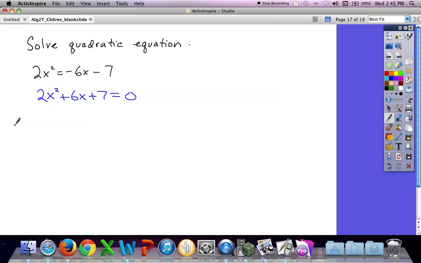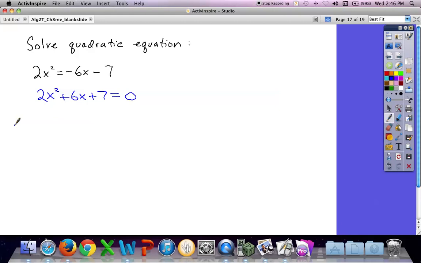Right. Now, once it's in that form, what ways do we have to solve it? Quadratic formula. Sometimes it's factorable, not always. Graphing, right? Those are the three main ways we have to solve it.